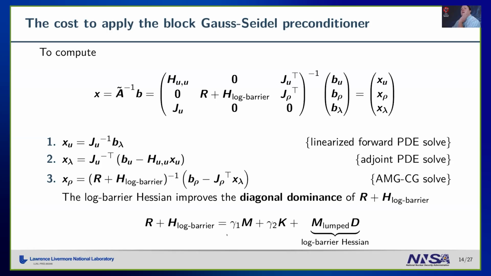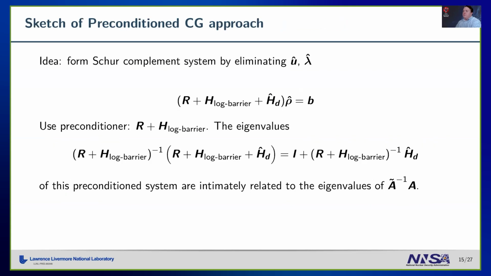Here, this Hessian of the log barrier term, because it is positive definite and diagonal, serves to improve the diagonal dominance of the overall operator and makes it even more suitable for AMG CG solves.